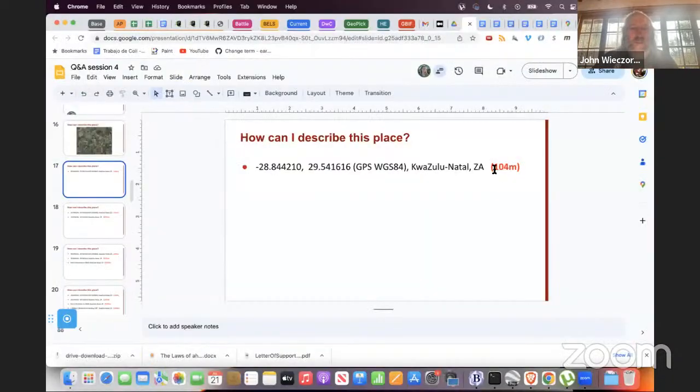Anybody have an idea why the uncertainty is so big as 104 meters for this example? Any ideas?